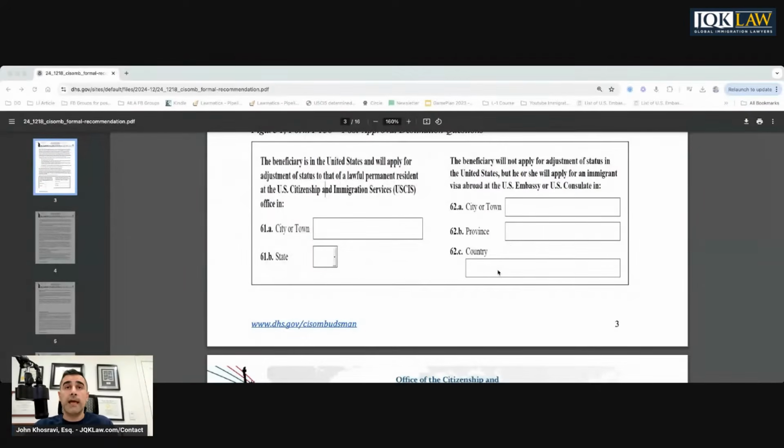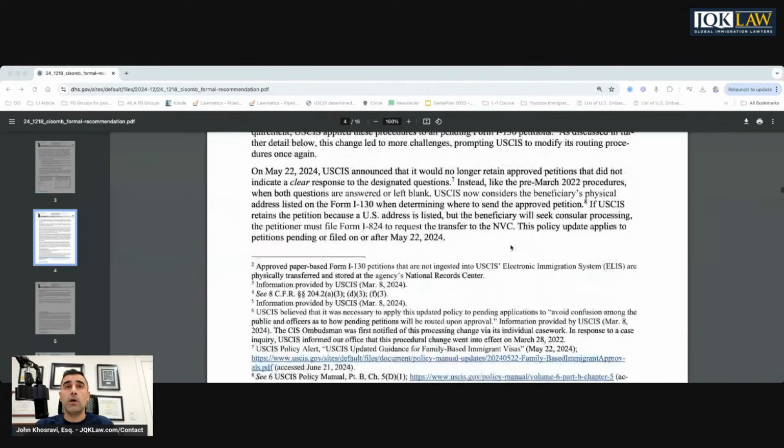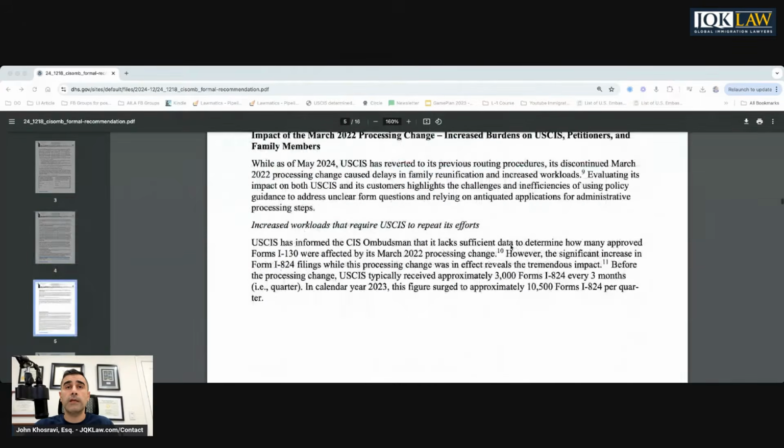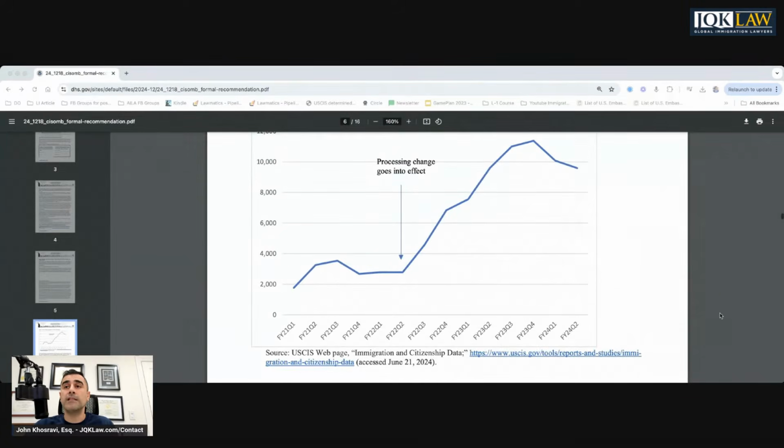However, in around March 2022, they took away this discretion and changed their approach and said, you know what, we're just going to do it hardcore letter of the law, and let people be stuck with it if they fill out these boxes incorrectly, without having that kind of discretion. And when we look at the charts that the USCIS Ombudsman provides, we saw when this happened, in March 2022, a massive uptick in the number of cases filed for I-824.